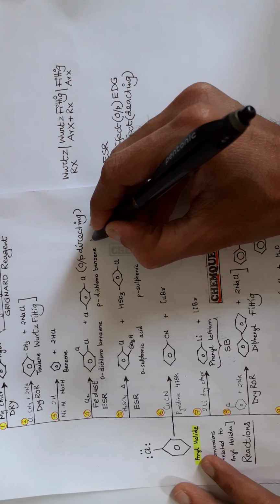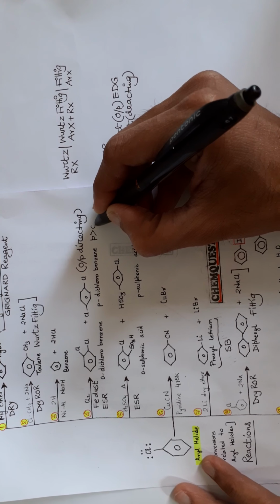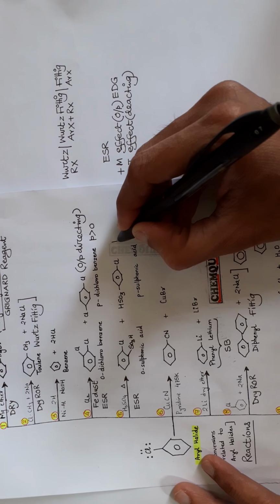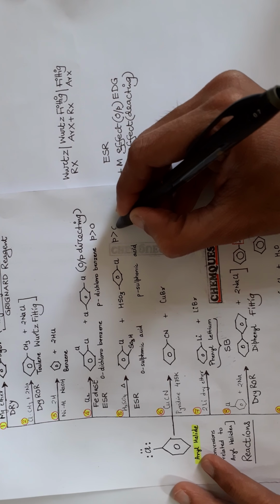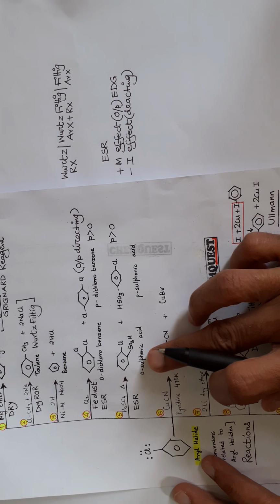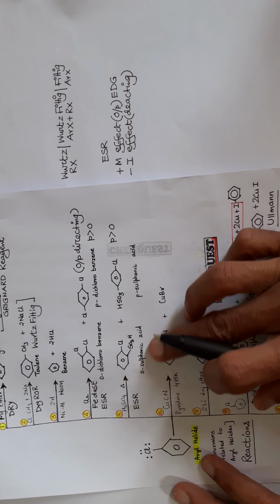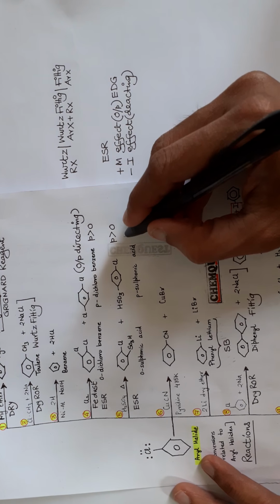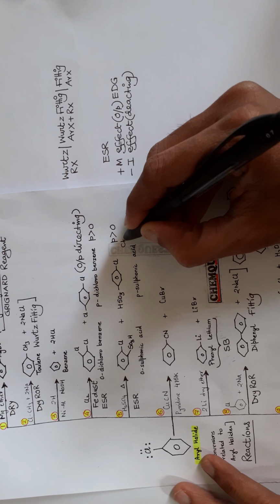Para product is more than ortho due to steric repulsion in ortho. Again, para product is more than ortho in case of sulfonic acid, giving ortho-chlorosulfonic and para-chlorosulfonic acid.